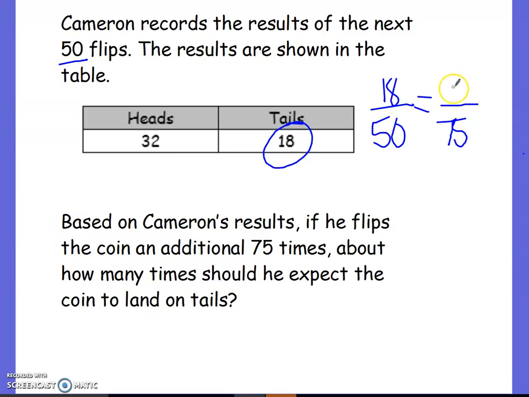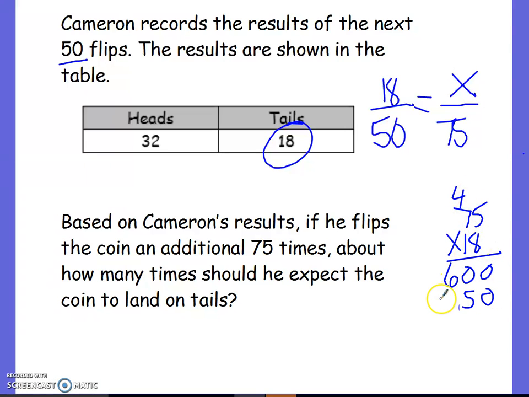So we can do the cross product rule. 75 times 18. 8 times 5 is 40. 8 times 7 is 56, plus 4 is 60. Put a placeholder. We have 5, 7. Add it up.